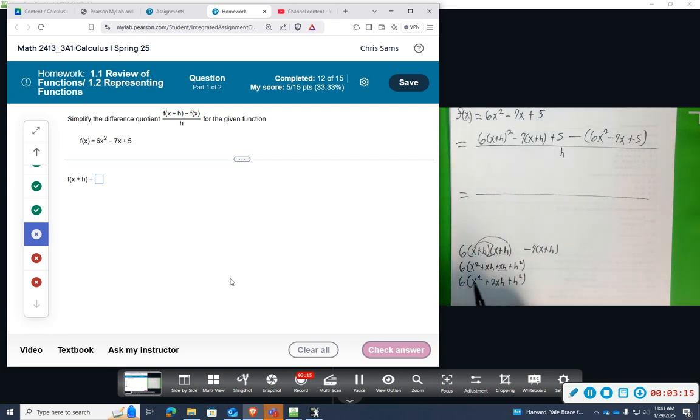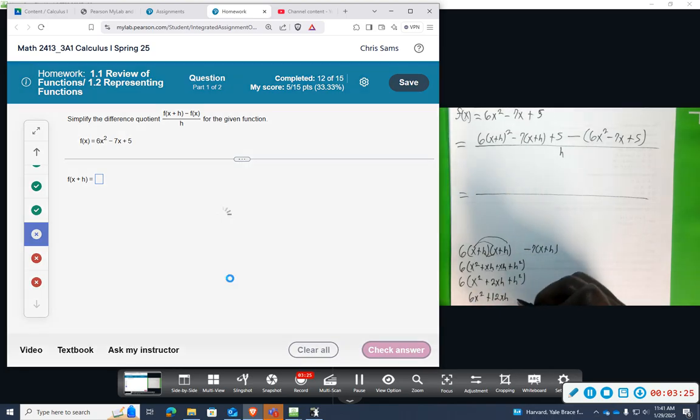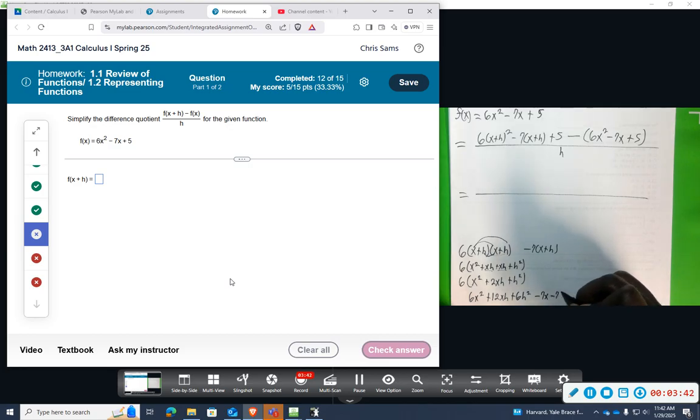And then we're going to distribute the 6 throughout. So it's going to be 6x squared plus 12xh plus 6h squared. So that's going to be that first part simplified. And then if we distribute the negative 7 throughout here, we'll have a minus 7x minus 7h.